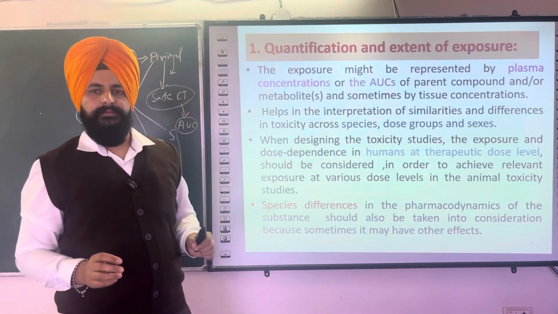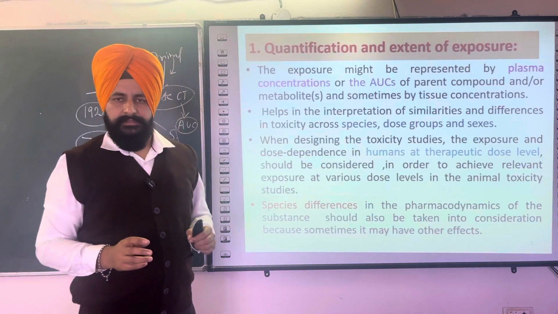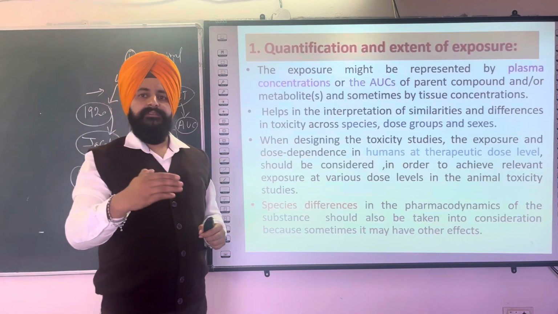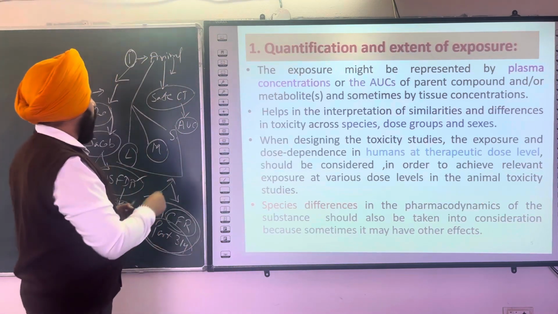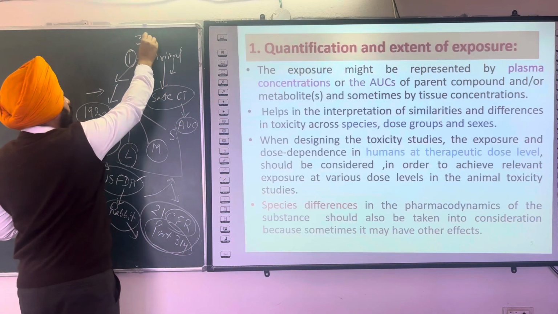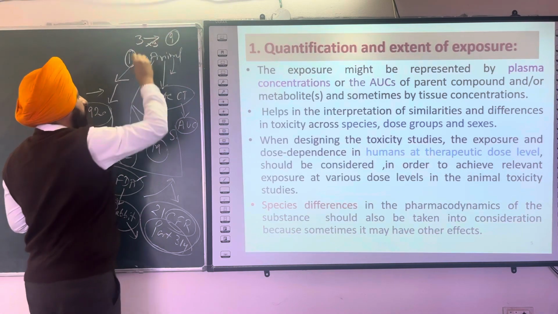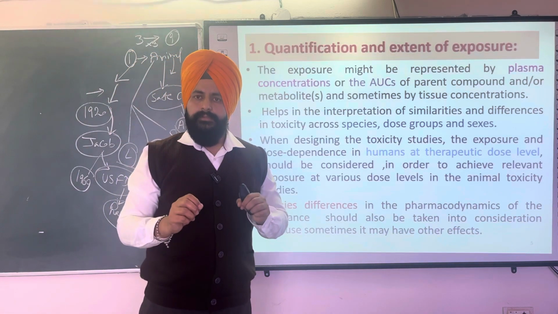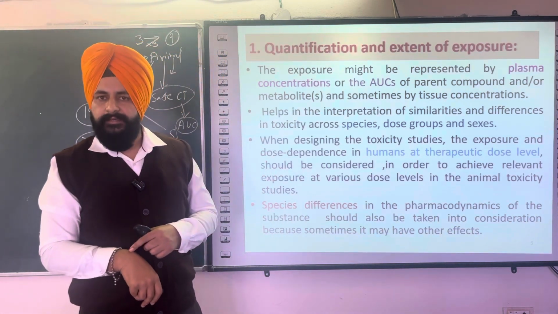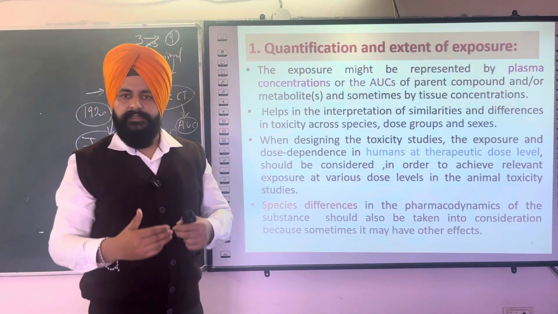Many a time students ask how we can go for this. At least we should go for 3 times the T half of the drug. Suppose your drug T half is 3 hours, so you multiply by 3 and you go for analysis at least for 9 hours in the plasma of the animal, so that you can make a better prediction of the maximum concentration of the drug in the blood of that animal.